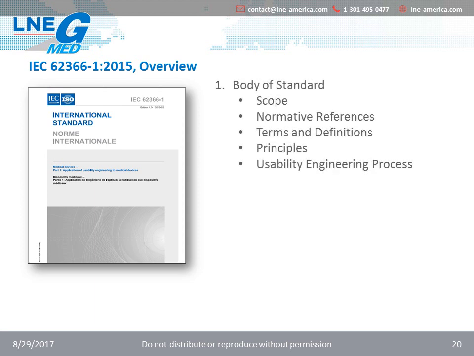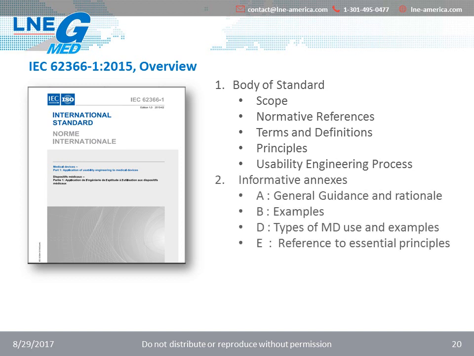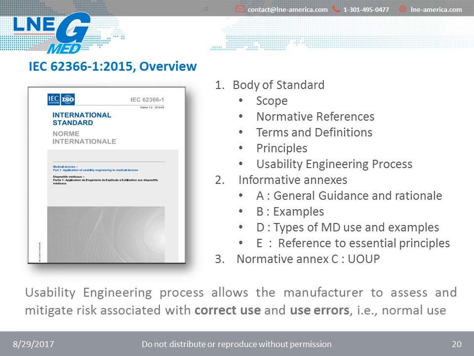Part 1, Body of Standards, contains scope, normative references, terms and definitions, principles, and usability engineering process. Part 2, Informative Annexes, Annex A, General Guidance and Rationale, Annex B, Examples, Annex D, Types of Medical Device Use and Examples, and Annex E, Reference to Essential Principles. And finally, Part 3, which is a normative annex, Annex C, which address legacy or UOUP.